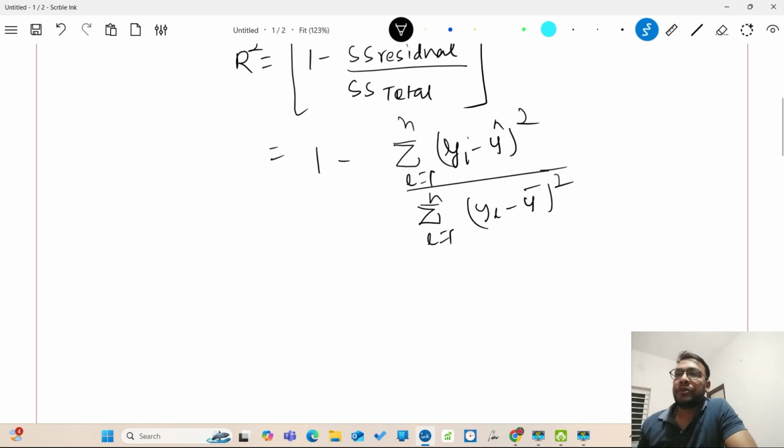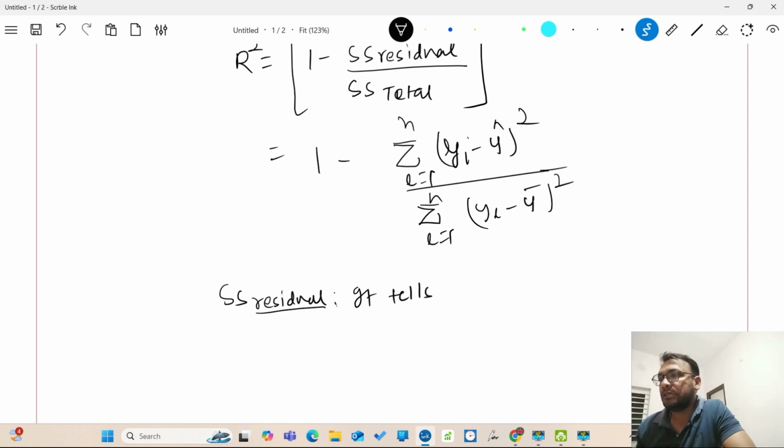The SS residual tells about the model that we built.